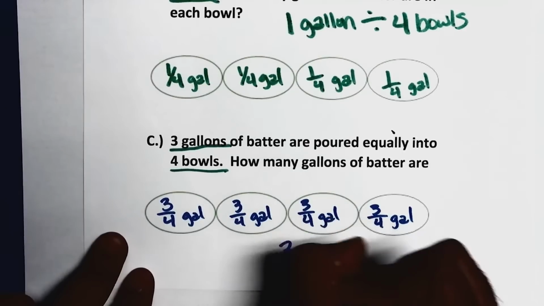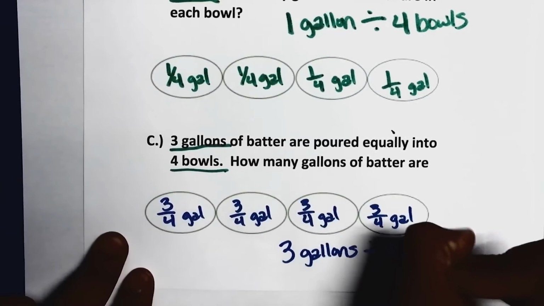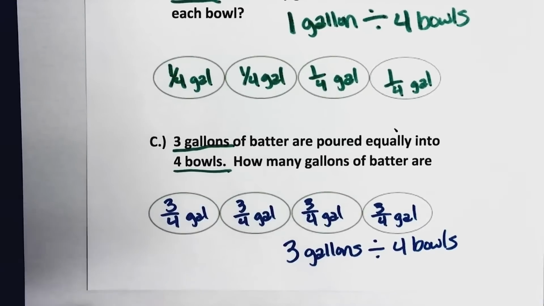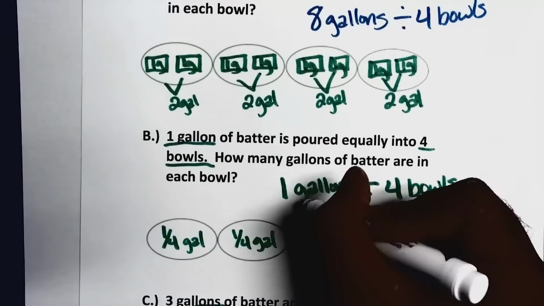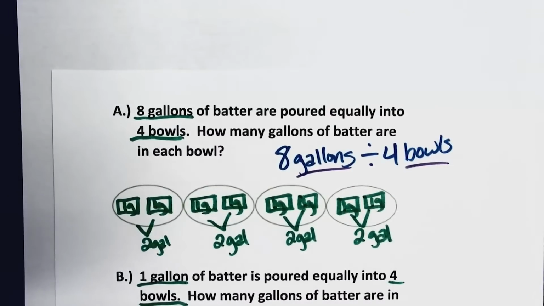It is 3 gallons divided by 4 bowls. Great job. One thing I want to point out is that I made sure for these problems I had gallons, bowls, gallons, bowls, gallons, bowls. We're going to come back to that.